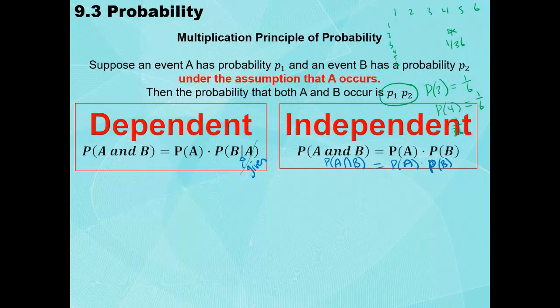But these don't depend on each other, so I don't need to take A into account when I'm looking at B. For this one, it says the probability that B happens given that A already happened. Okay?